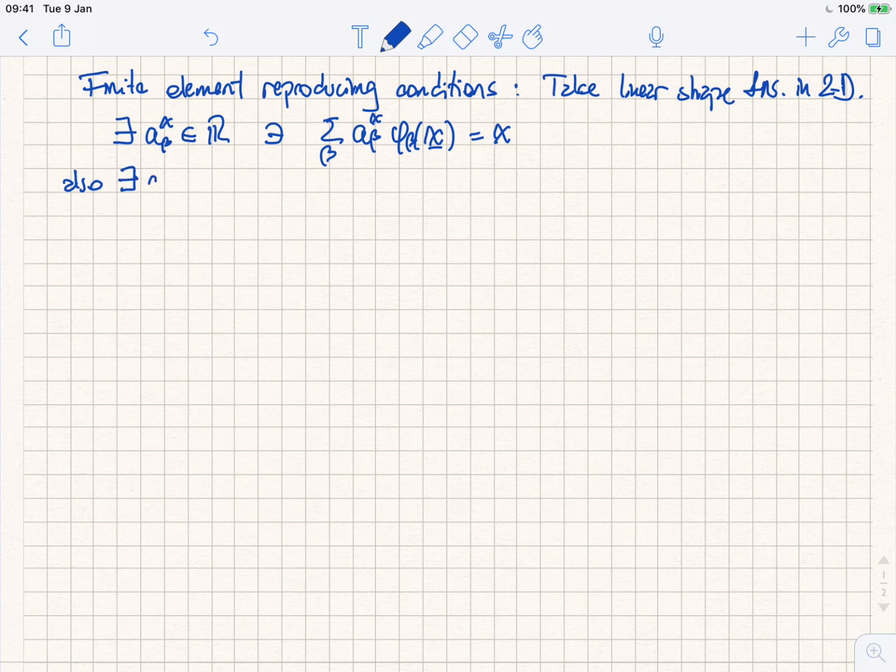There also exist some coefficients or degrees of freedom, alpha, beta, y, that are scalars such that the sum reproduces y. These two are called reproducing conditions.